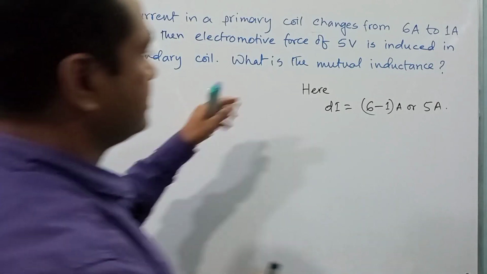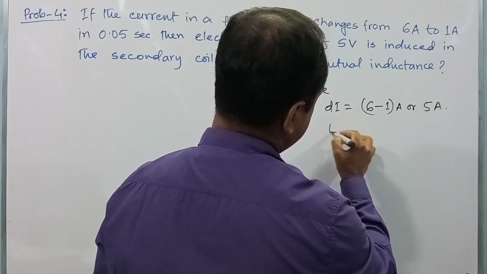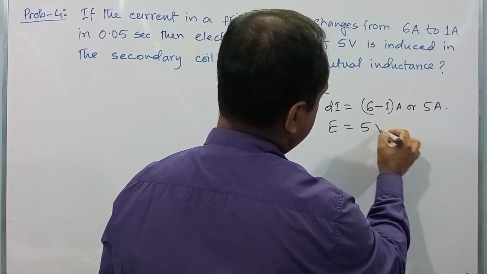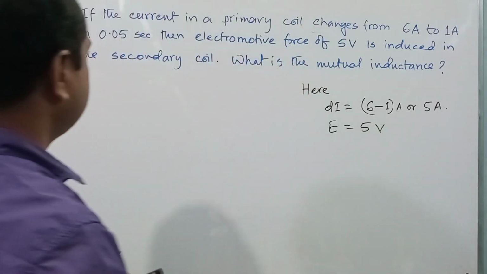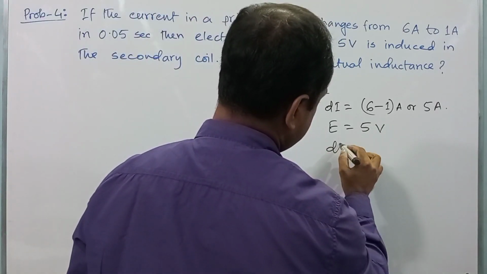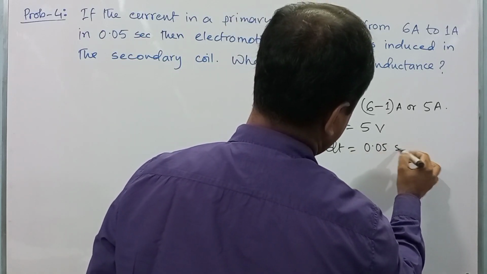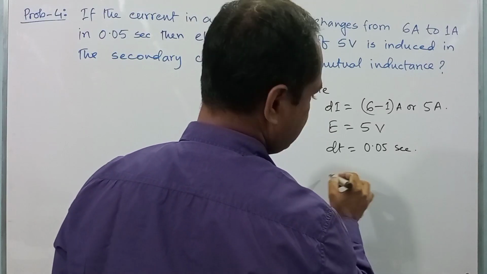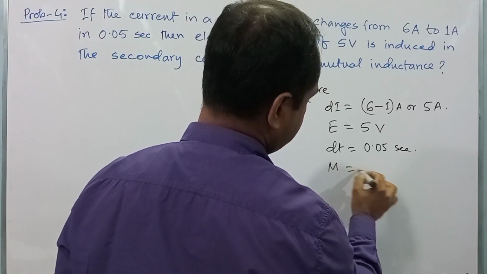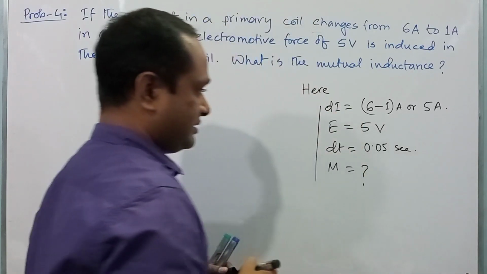So induced electromotive force E is equal to 5 volt and required time dt is equal to 0.05 second. So we have to calculate the mutual inductance M.